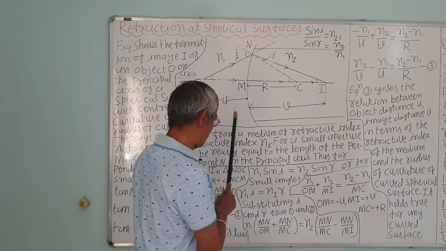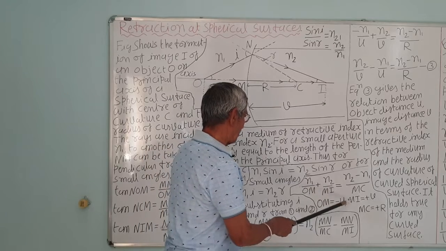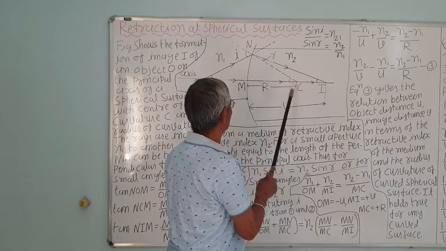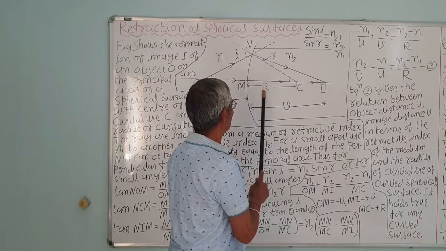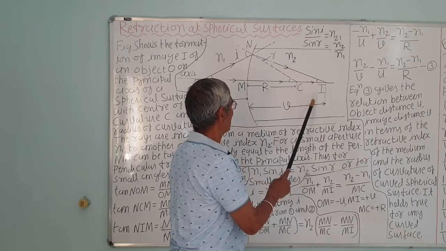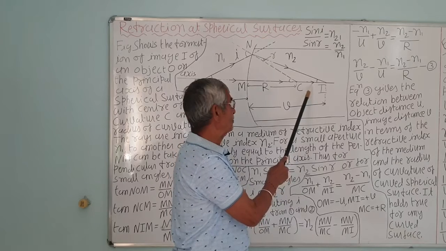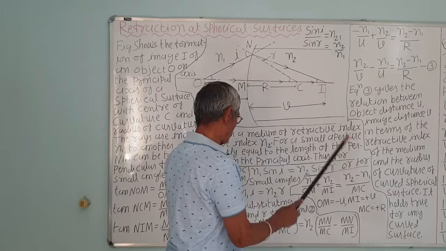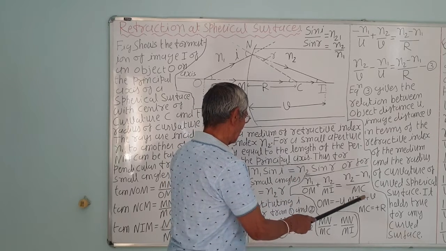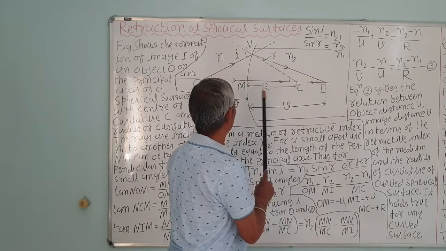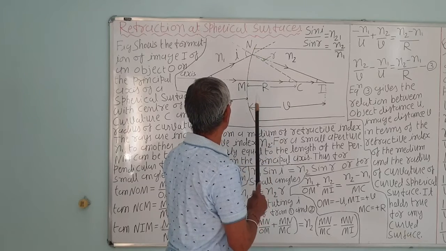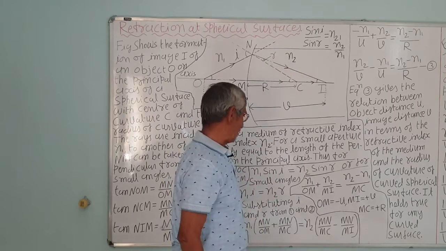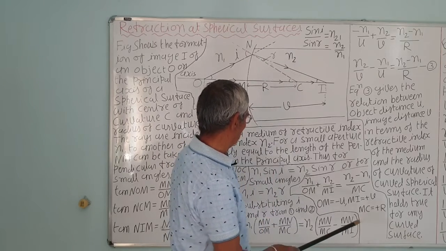Mi is in the direction on the left side of the surface, that is always positive, except for a virtual image. Remember, if it is virtual, then it is minus. Mi is also plus, and MC is also the radius of curvature of this surface. If it is convex, it is plus; if concave, then it will be minus. We will see in the next topic.